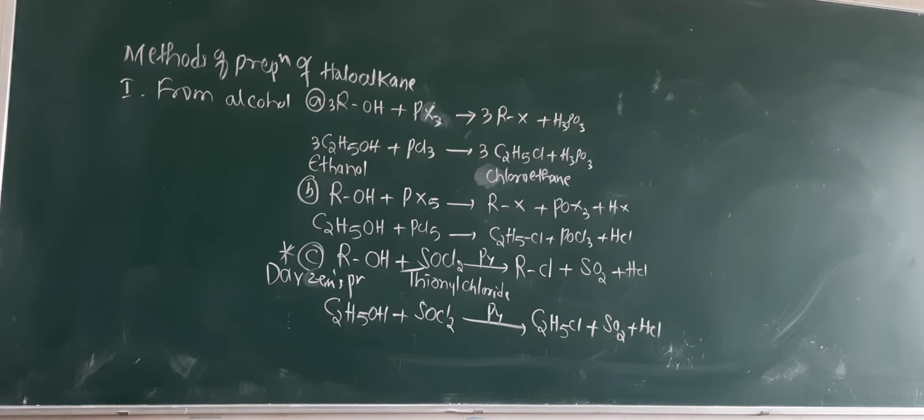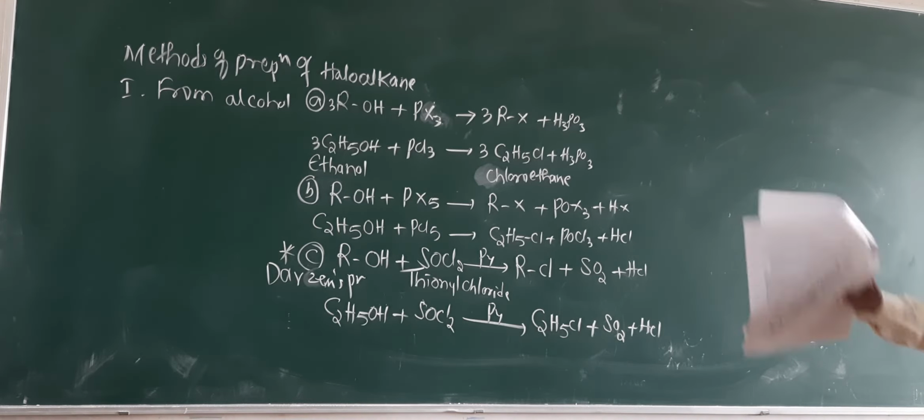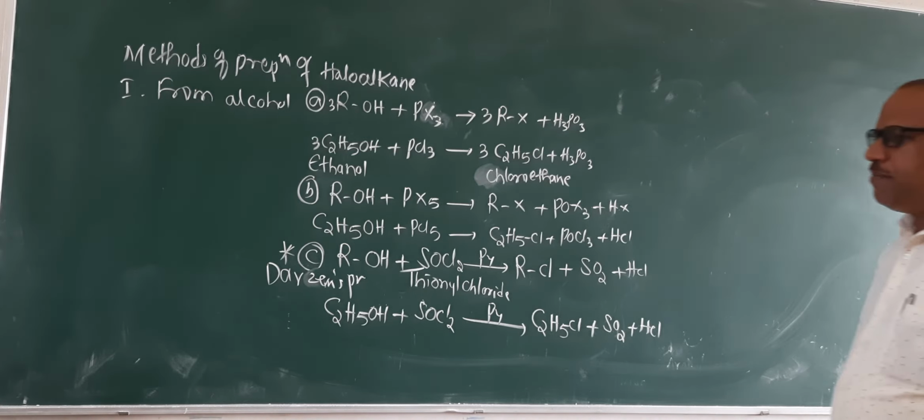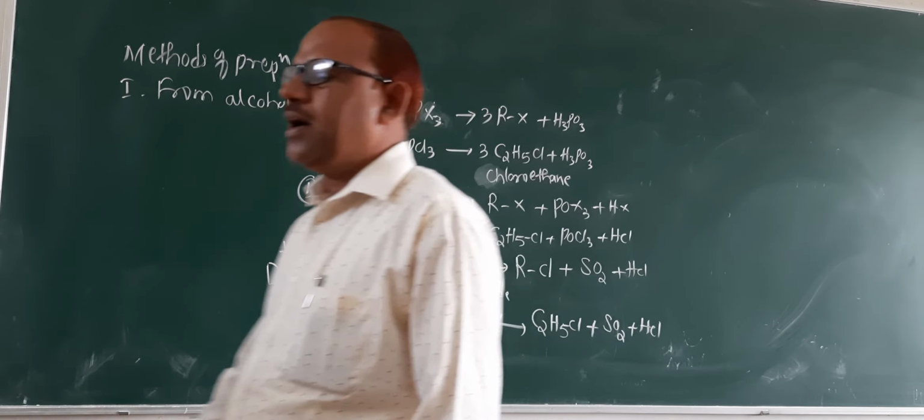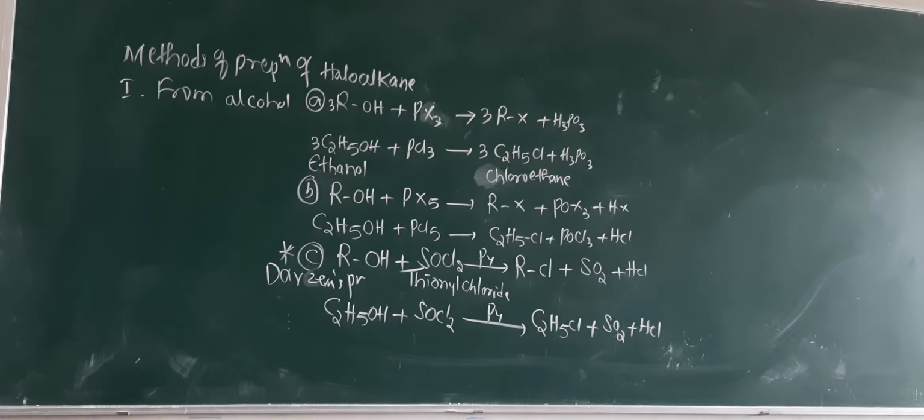Therefore, when alcohol is heated with thionyl chloride in presence of a pyridine catalyst, it gives a chloroalkane with the liberation of sulfur dioxide and HCl. This process is called Darzens process. In all three I have taken the same example, so you should try to write the names of the reactants and products yourself.